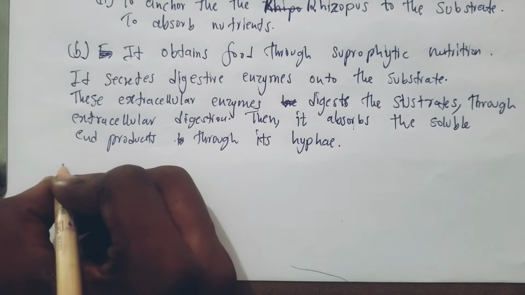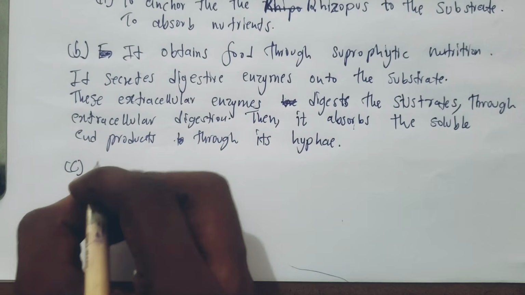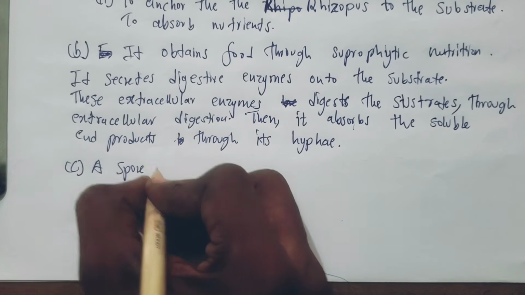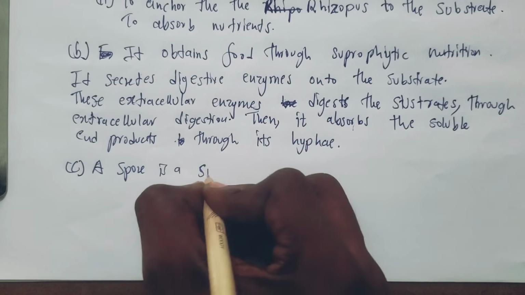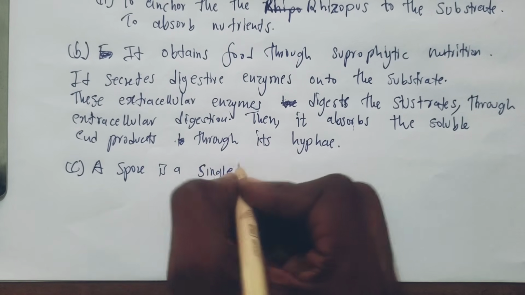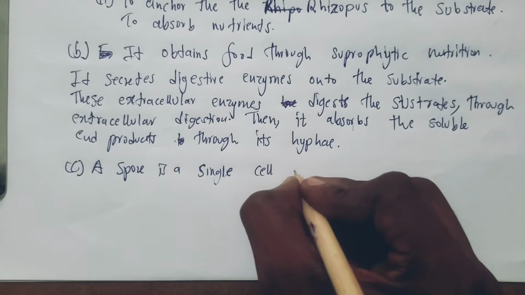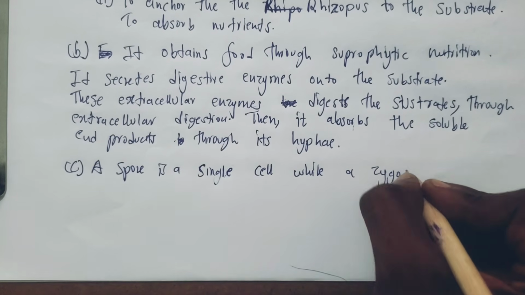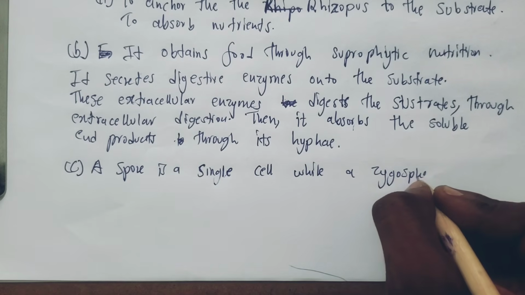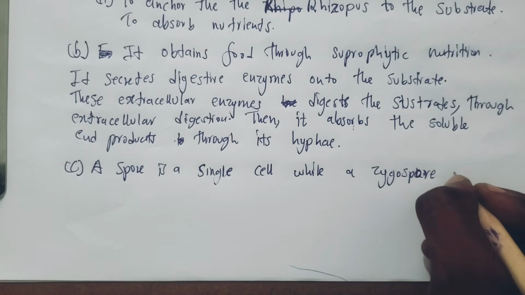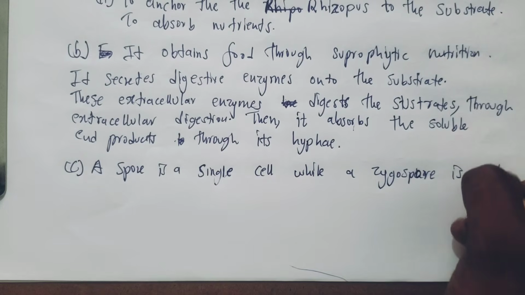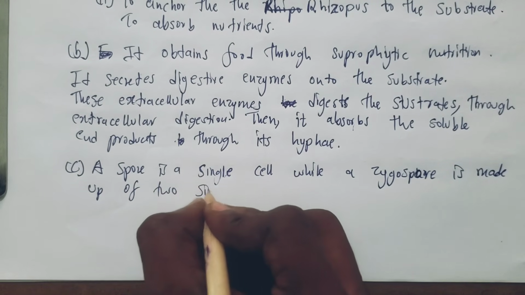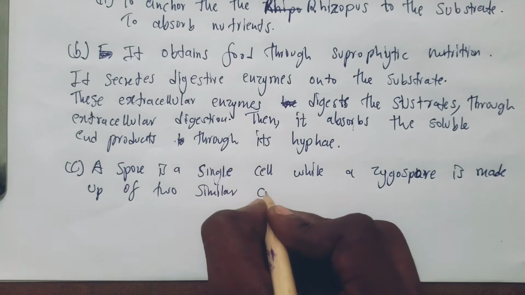So here you explain, this is C. You explain to say a spore is a single cell, while a zygospore is made up of 2 similar cells.